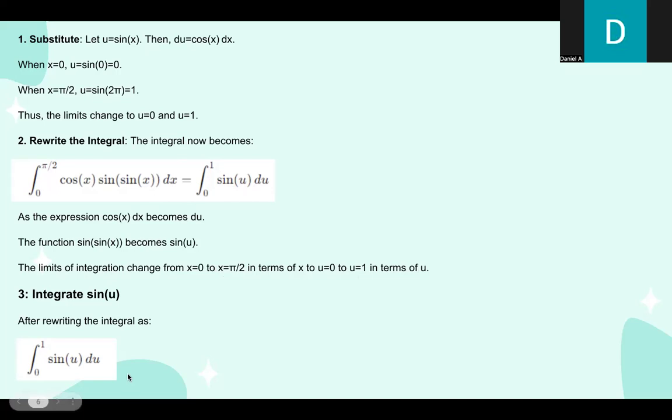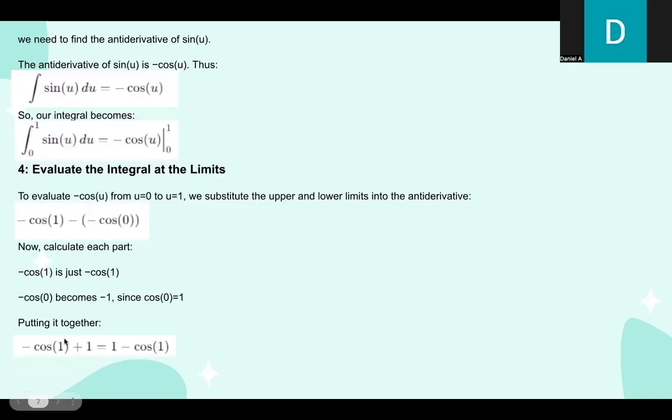After rewriting the integral as such, we need to find the antiderivative of sine u. The antiderivative of sine u is negative cosine u. Thus, the integral of sine u du equals negative cosine u.